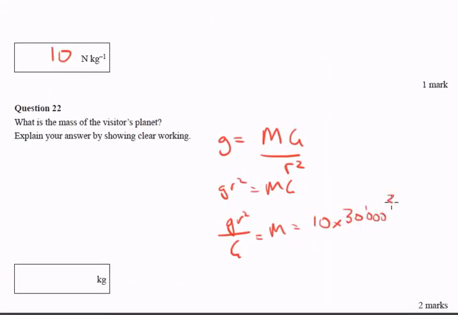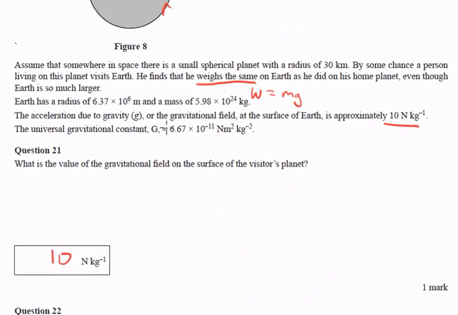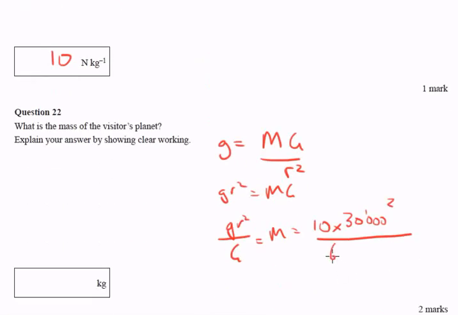And that's squared all over G, gravitational constant, which is 6.67 by 10 to the minus 11. When you calculate that, I get 1.35 by 10 to the 20 kilograms.